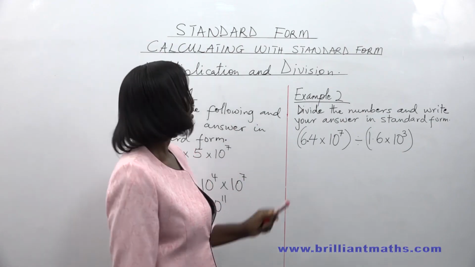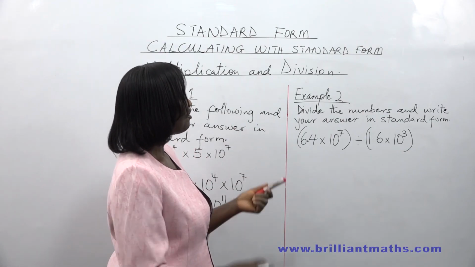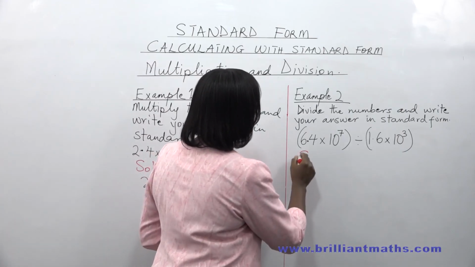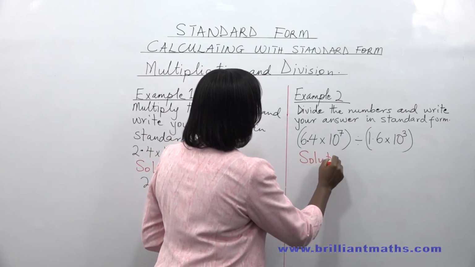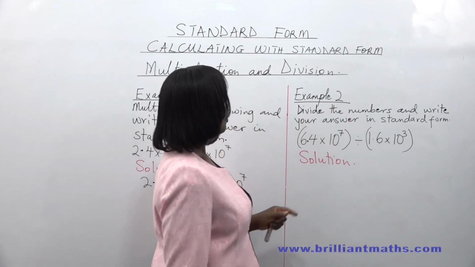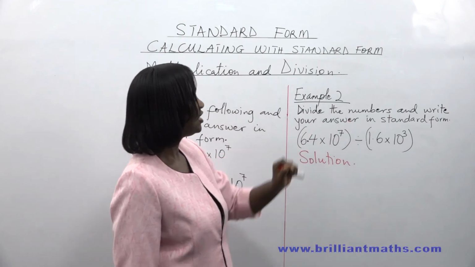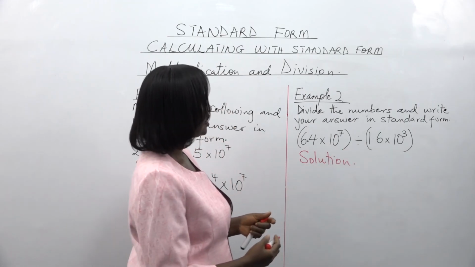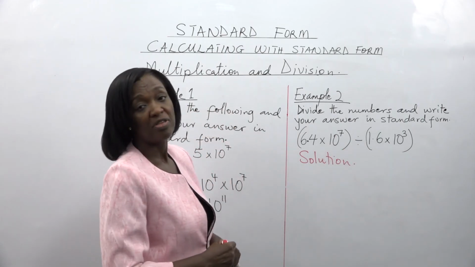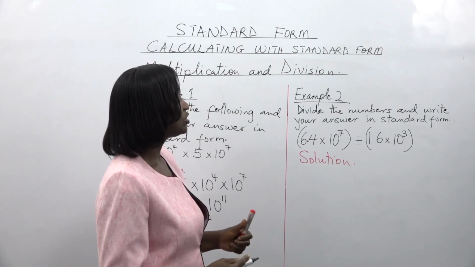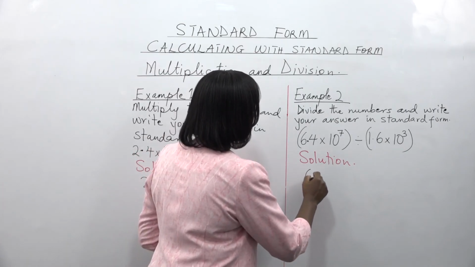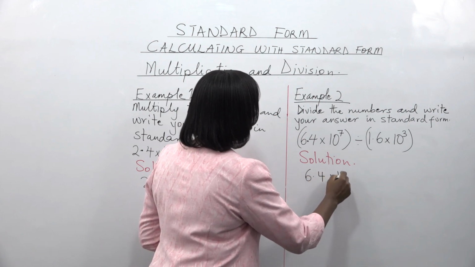Example 2. Divide the numbers and write your answer in standard form. Solution. We have 6.4 times 10 to the power 7 divided by 1.6 times 10 to the power 3. We're also going to use the laws of indices.